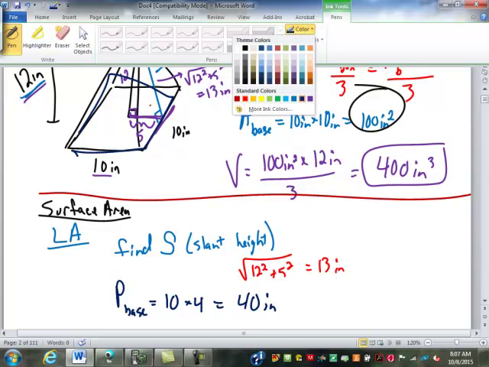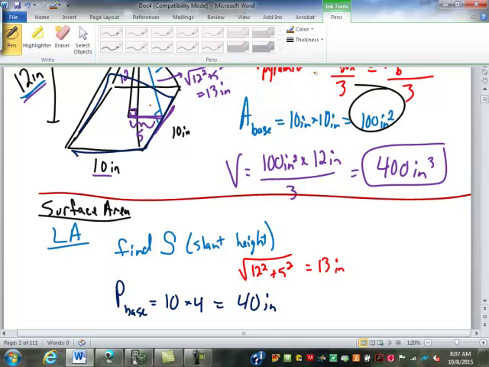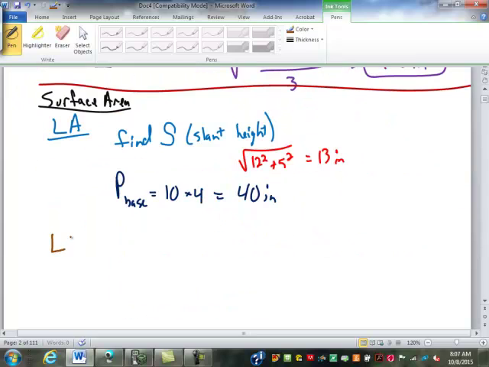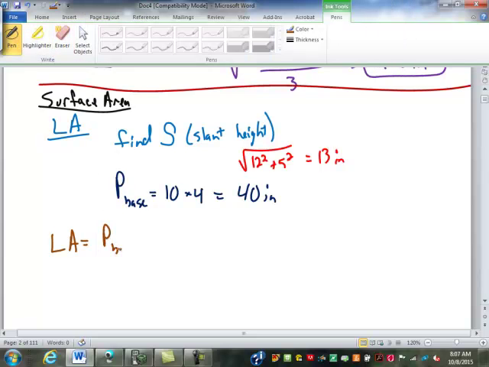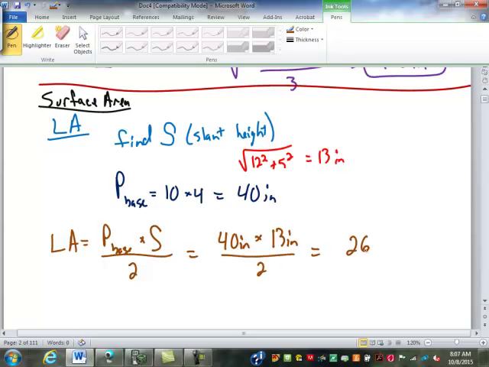So then our lateral area, I should say. Lateral area is not the height anymore. It's the perimeter of the base times the slant now instead of the height, and then divided by 2 because they form triangles. So the perimeter of the base is 40 inches times the slant is 13 inches divided by 2, giving us 260 square inches.